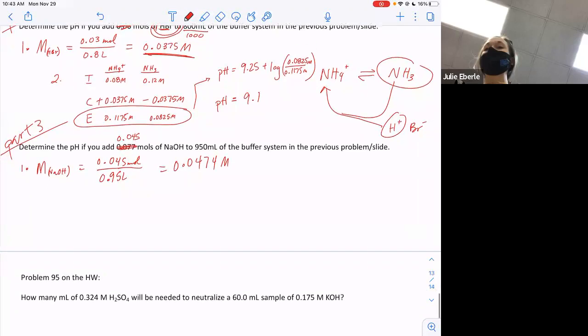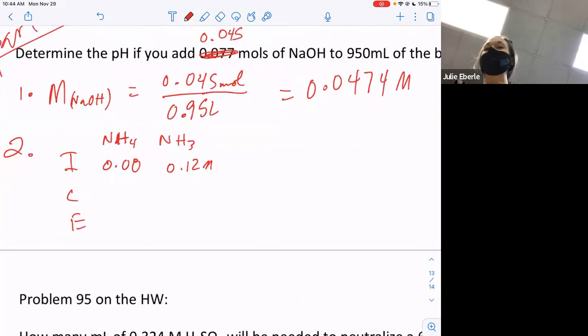Step 2, set up the ICE chart. Plug in your initial concentrations, same from the previous part. I don't know if y'all can see this. I probably should zoom in, shouldn't I?